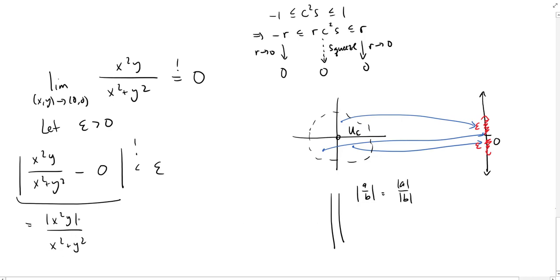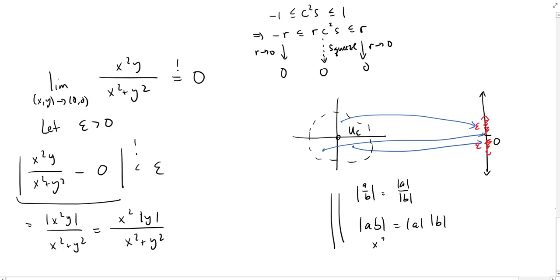Of course, I now have a product in the numerator, and I know the absolute value of a product is the product of the absolute values. And so I can rewrite this as x squared times the absolute value of y over x squared plus y squared. Again, I don't put absolute values around x squared because it's already non-negative. Okay, but notice here that x squared over x squared plus y squared is less than 1.